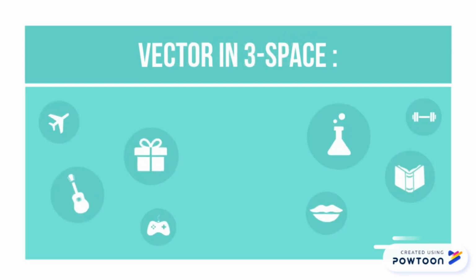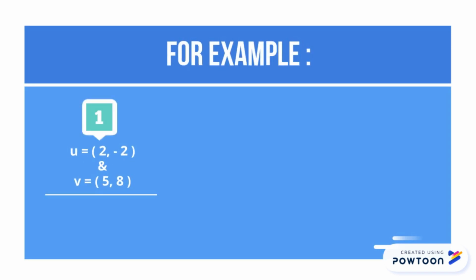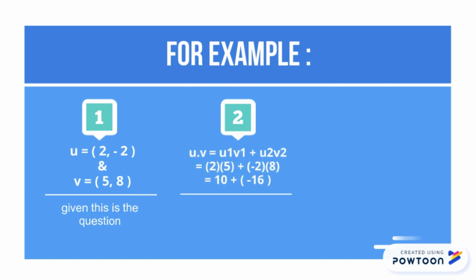The following is the formula for vectors in three space. This helps us to find the dot product of these two vectors.